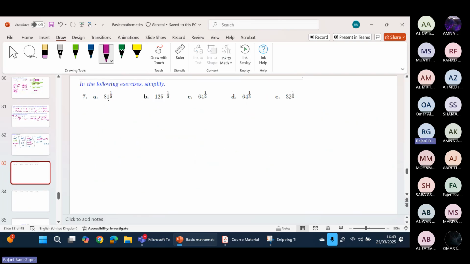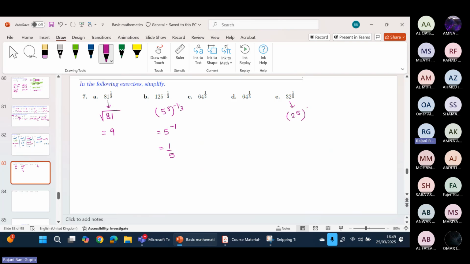Here the same thing. You have to write it as root of 81, which is 9. This is 5 power 3, power minus 1 over 3. So it gives you 5 power minus 1, which is 1 over 5. Okay, this is 2 power 5.